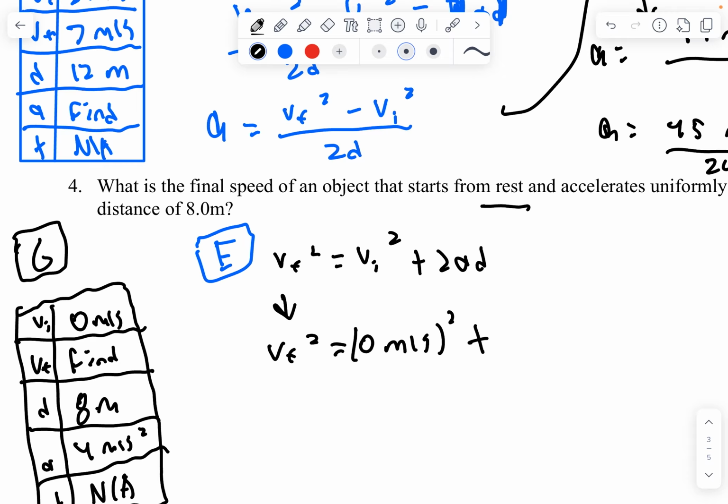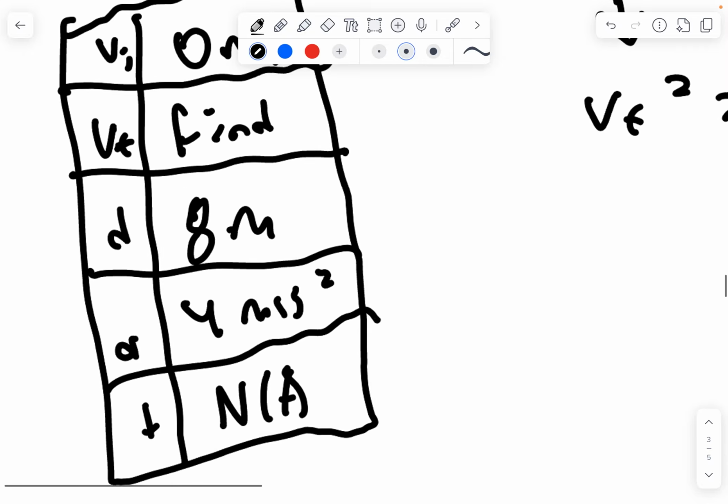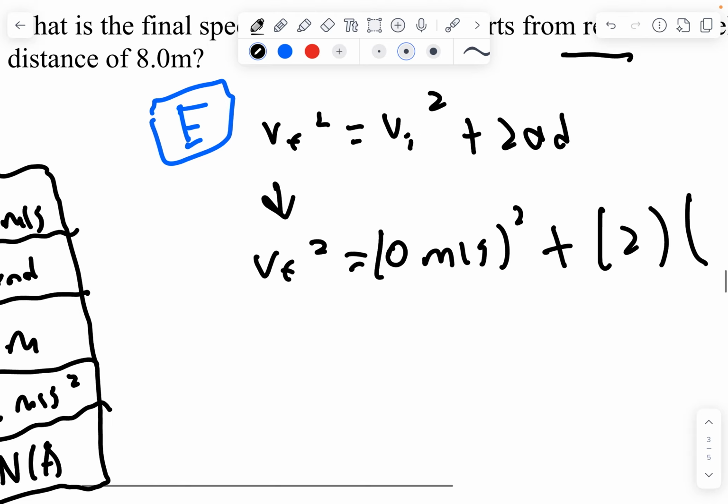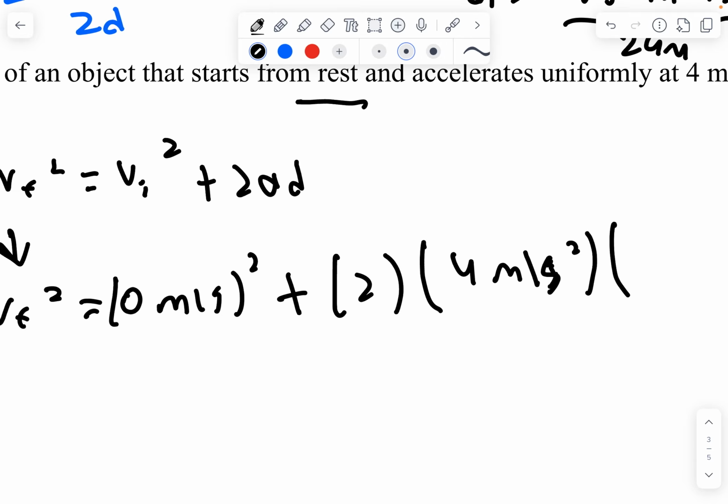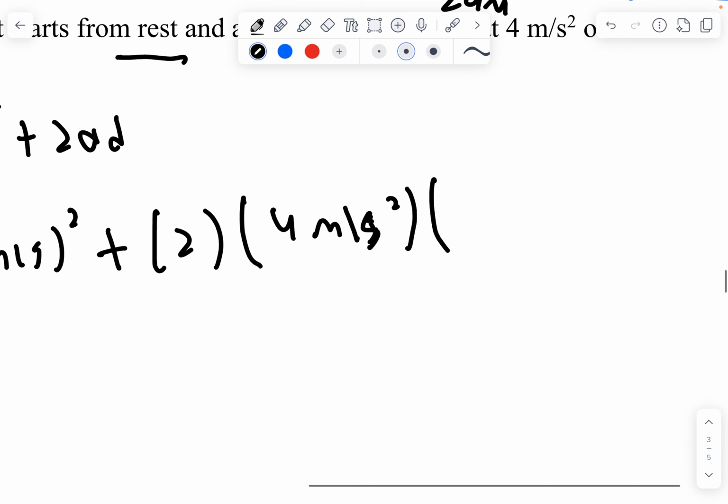2 times, what's the acceleration? Acceleration is 4 meters per second squared. And then what's the displacement? 8 meters.